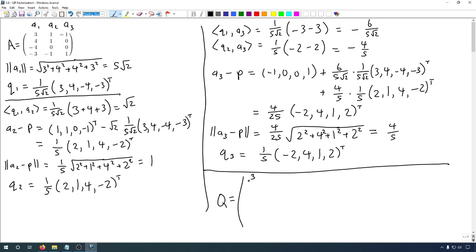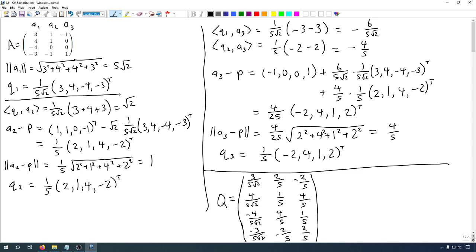So we're going to have here a 3 over 5 square root 2, 4 over 5 square root 2, negative 4 over 5 square root 2, and a negative 3 over 5 square root 2. There we go. Then our Q2 is 2 over 5, 1 over 5, 4 over 5, and negative 2 over 5. And our Q3 is negative 2 over 5, 4 over 5, 1 over 5, and 2 over 5.